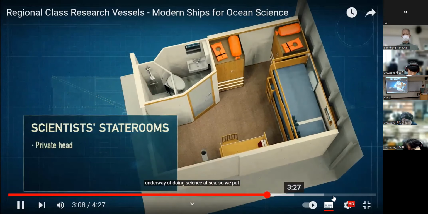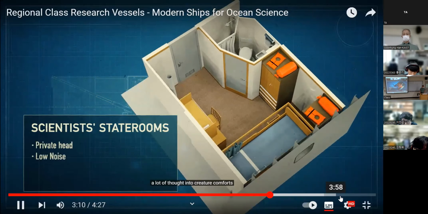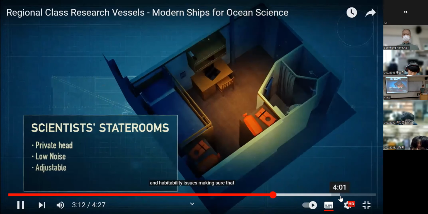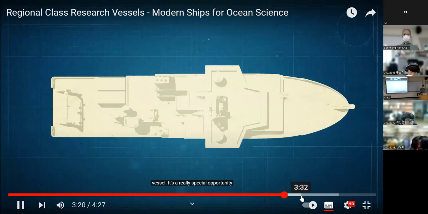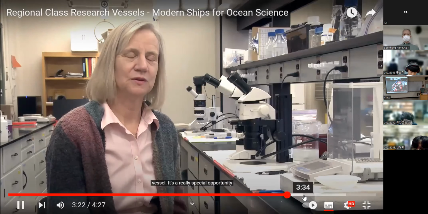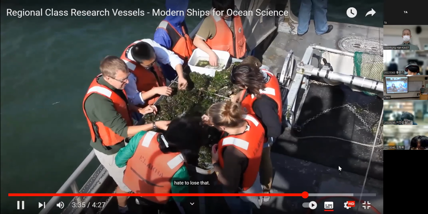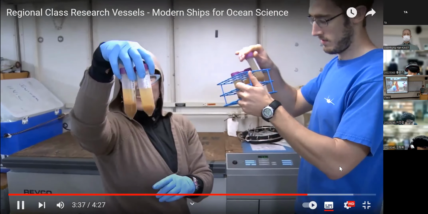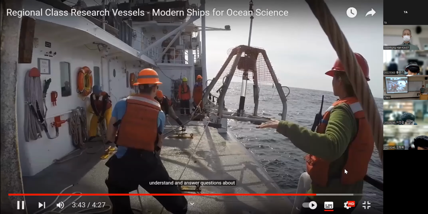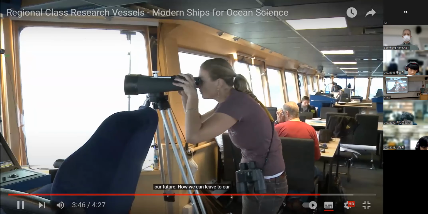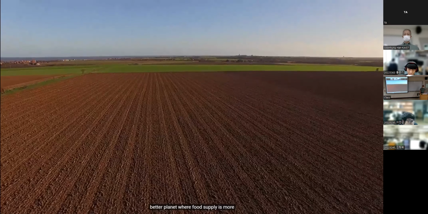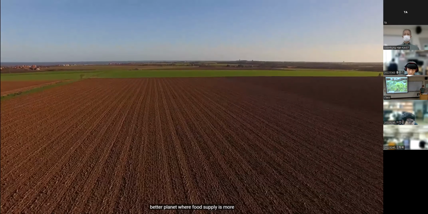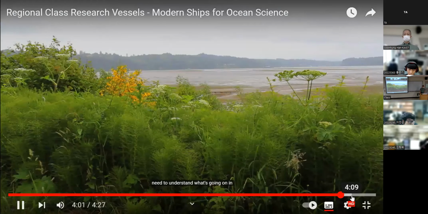So we put a lot of thought into creature comforts and habitability issues, making sure that they ride well, making them places that people want to be. I really am passionate about what it is to be on a research vessel. It's a really special opportunity. If we're really going to understand and answer questions about our future, how we can leave to our children and our children's children a better planet where food supply is more constant, where people can have clean water, where plants can grow, we really need to understand what's going on in the oceans.